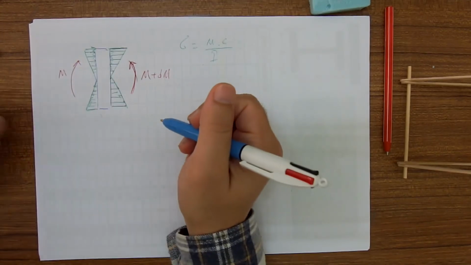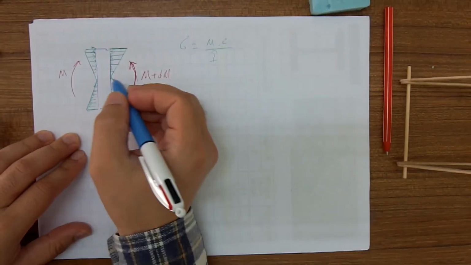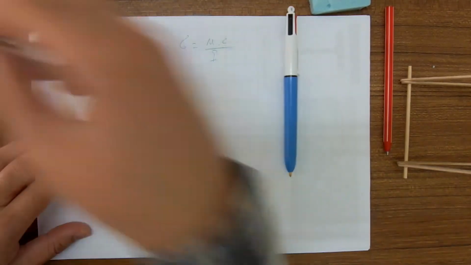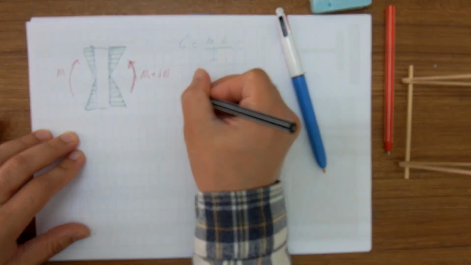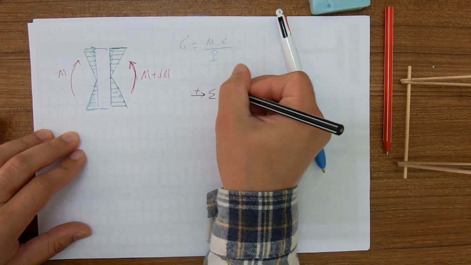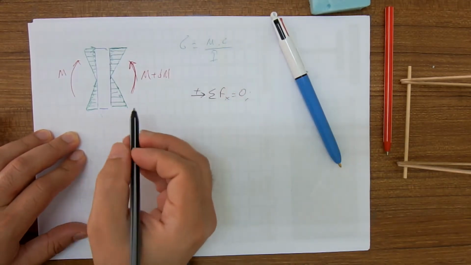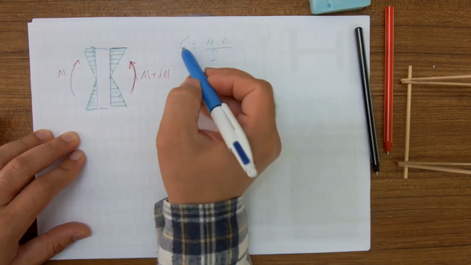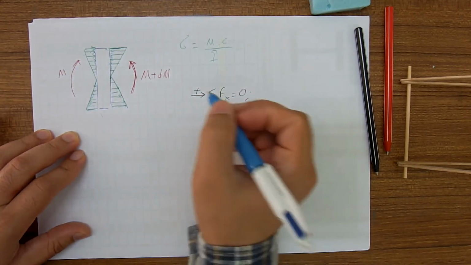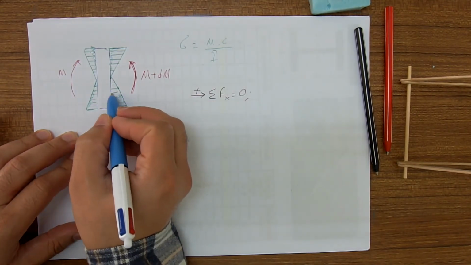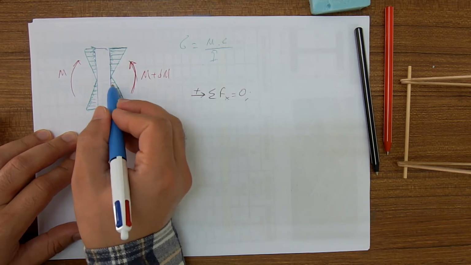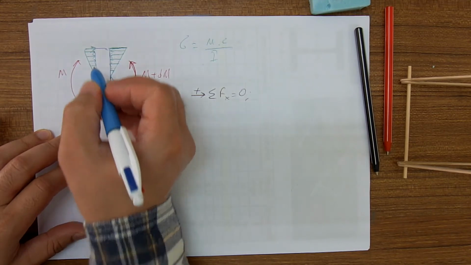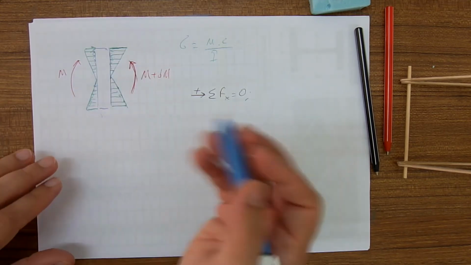If we want to write the horizontal force equilibrium equation for this free body diagram, you will see that for force we multiply sigma by the area. You see that the length of the arrows here are equal to those here, and the length of the arrows here are equal to those here, and they cancel out each other.